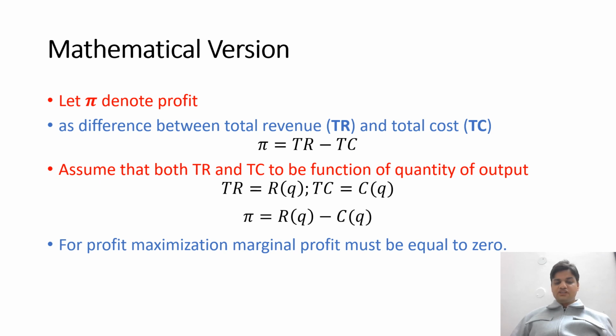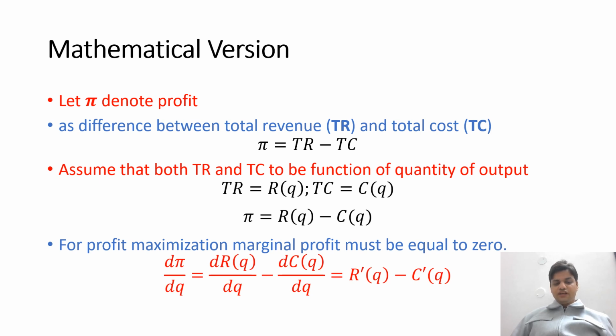For profit maximization, marginal profit must be equal to 0. That is, the additional profit generated at the optimum must be 0. So d pi by dQ is equal to dR(Q) by dQ minus dC(Q) by dQ, which is equal to R dash Q minus C dash Q. Here the first order differentiation of R(Q) with respect to Q is denoted by R dash Q, and the first order differentiation of C(Q) with respect to Q is denoted by C dash Q. Here we are not going into the specific functional form; that we will see in the example.